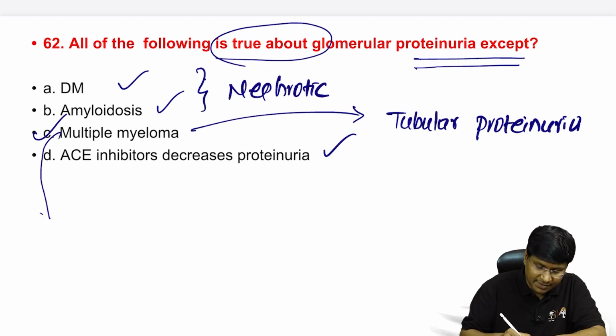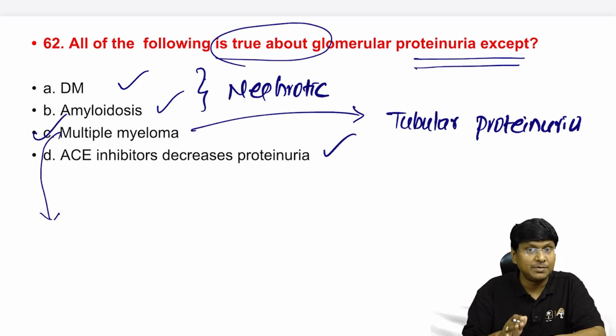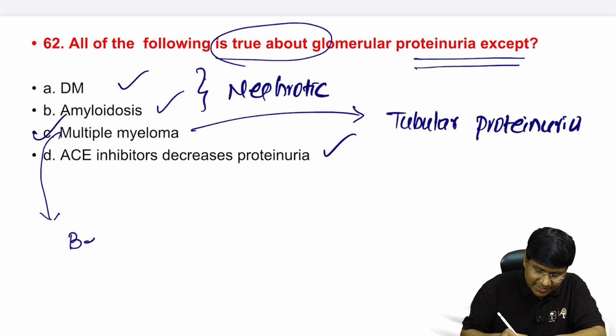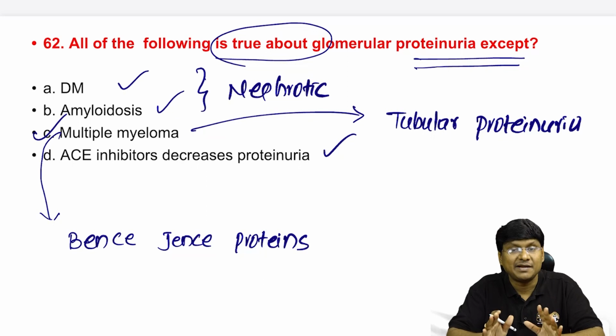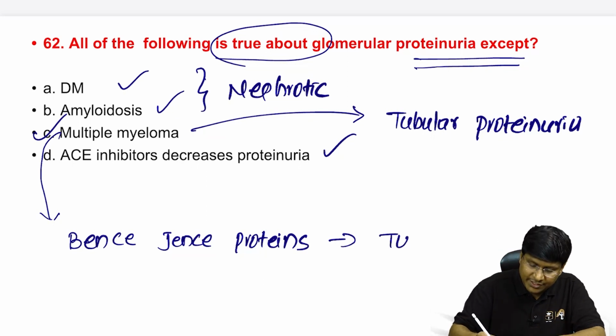Whereas in case of multiple myeloma, which is a tubular proteinuria, the proteins being excreted are Bence-Jones proteins. These Bence-Jones proteins induce tubular damage, right?